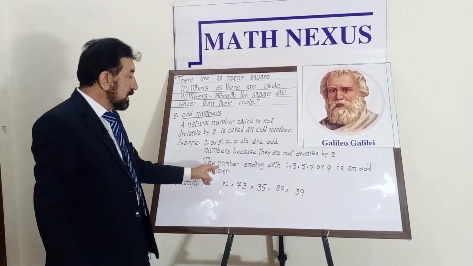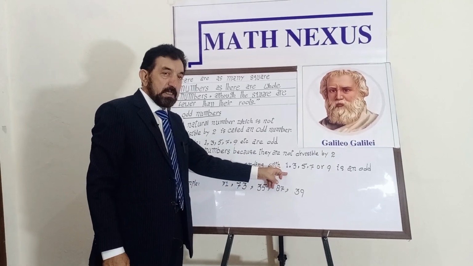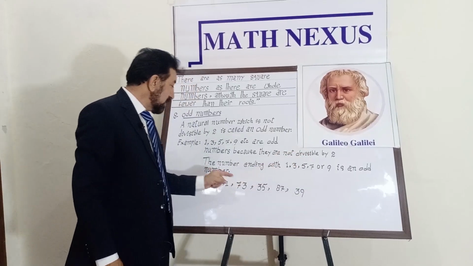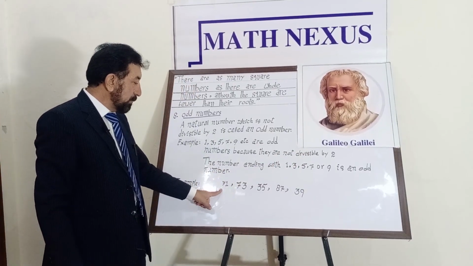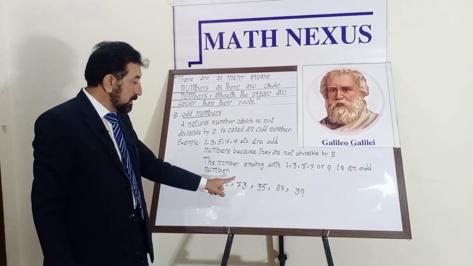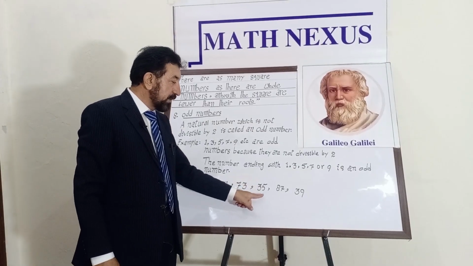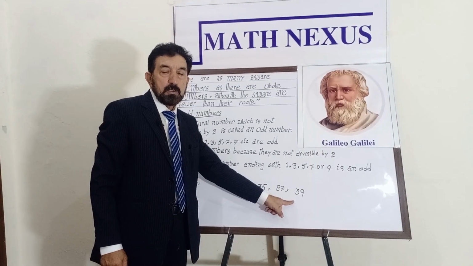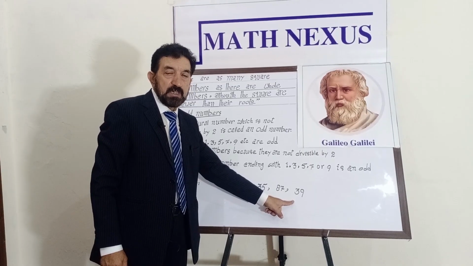A number ending with 1, 3, 5, 7, 9 is an odd number. Example, 71, 73, 35, 87 and 39 are all odd numbers.